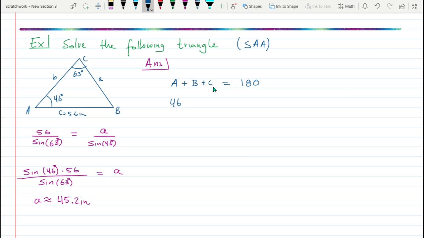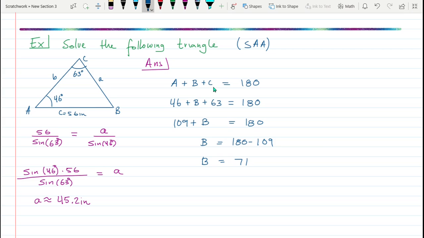We don't know what B is, but we know that C is 63 degrees. And all of that has to equal 180. Okay? 46 plus 63 happens to be 109. So B is the same thing as 180 minus 109. And B is equal to 71. Okay?